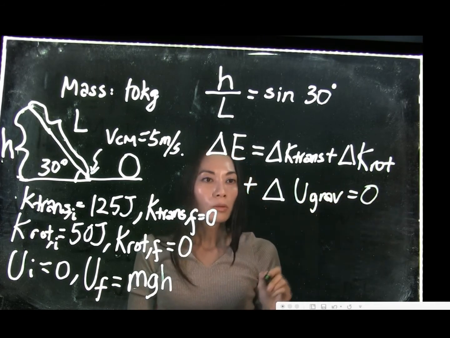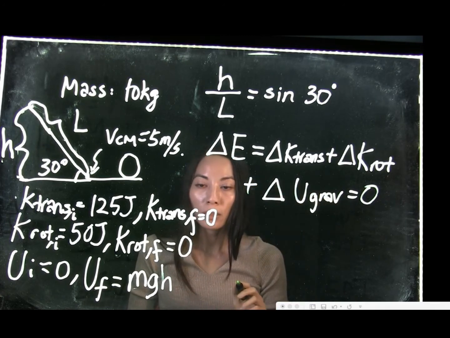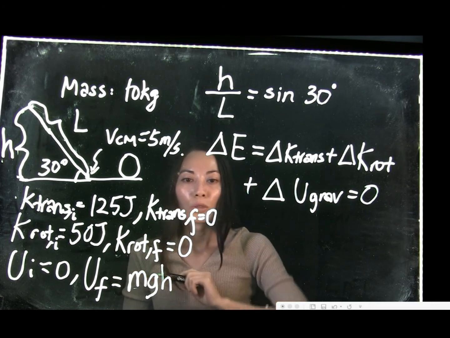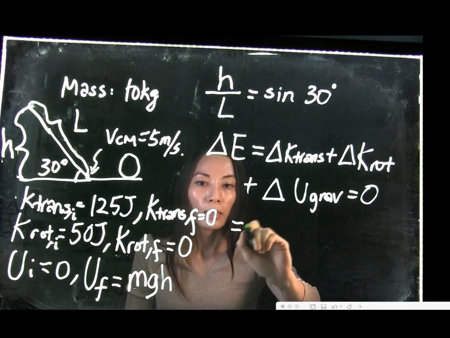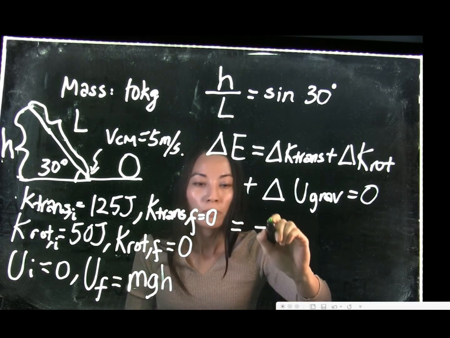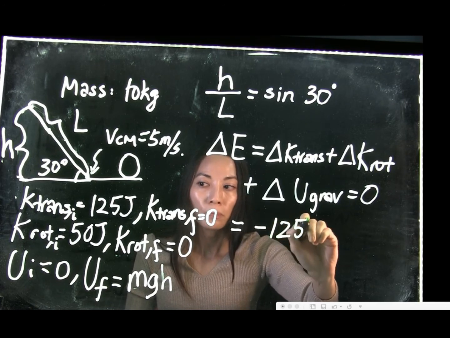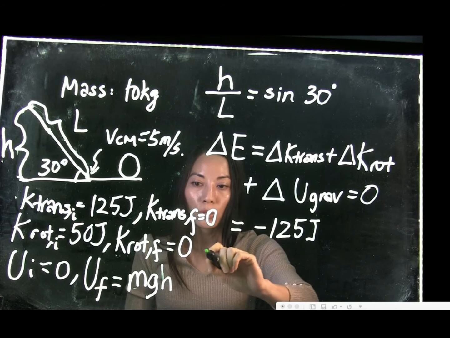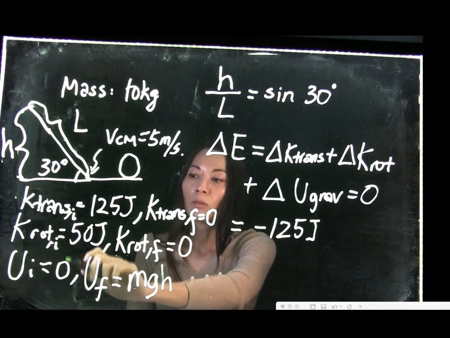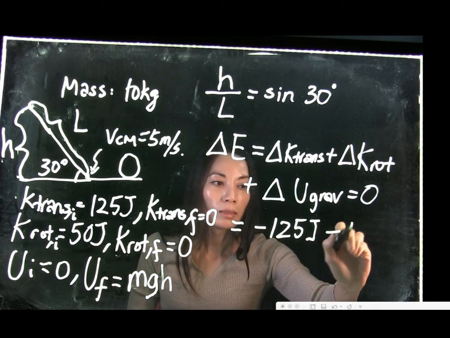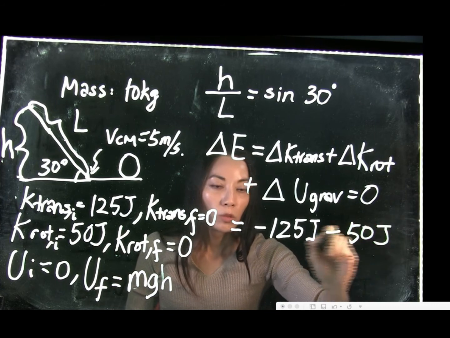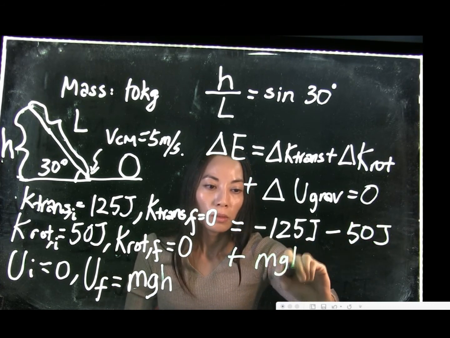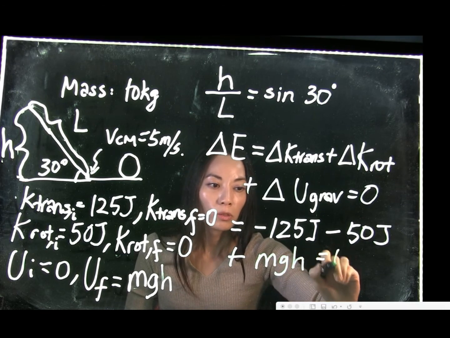So the change in translational kinetic energy, which is the final minus the initial, gives us negative 125 joules, and that of the rotational kinetic energy, the final minus the initial, gives us negative 50 joules, plus m times g times h, and that's equal to 0.